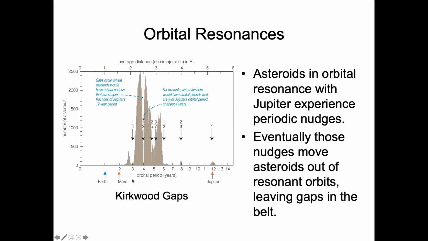Mars does laps around the sun every so often. Jupiter takes a little bit longer, right? So we can see here, Mars takes just under 2 Earth years to complete an orbit around the sun. Jupiter takes just under 12 Earth years to orbit around the sun.